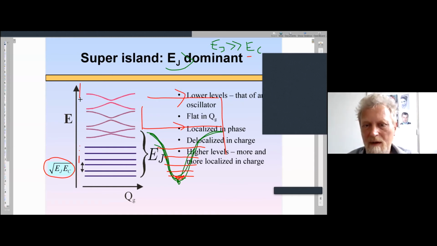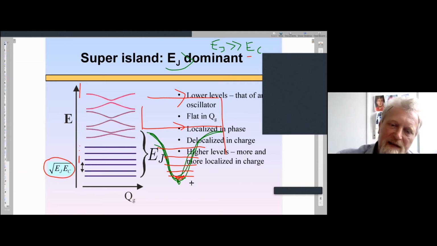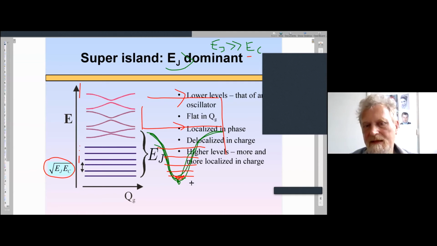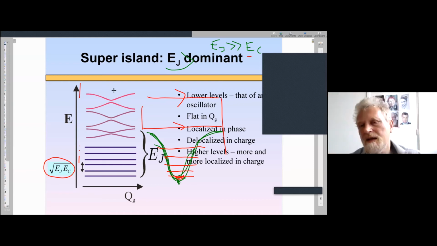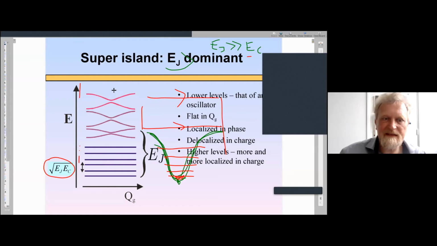So a bit more complicated spectrum: localized levels, equidistant at lower energies, and charge states at higher energy, much higher than the Josephson barrier. Good. That is a quick description of the superconducting island.